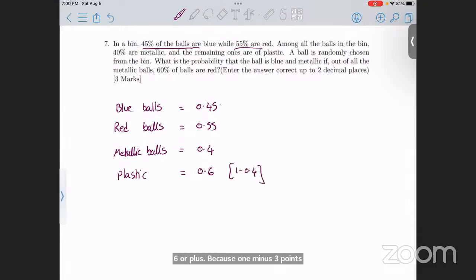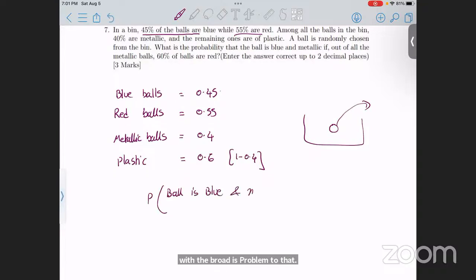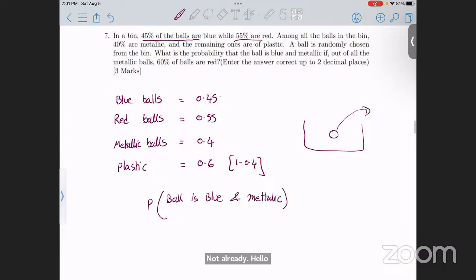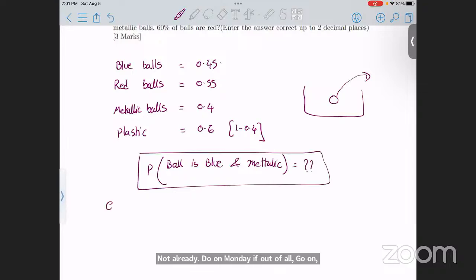A ball is randomly chosen from the bin. What is the probability that the ball is blue and metallic? Listen to this carefully, this is the important point.